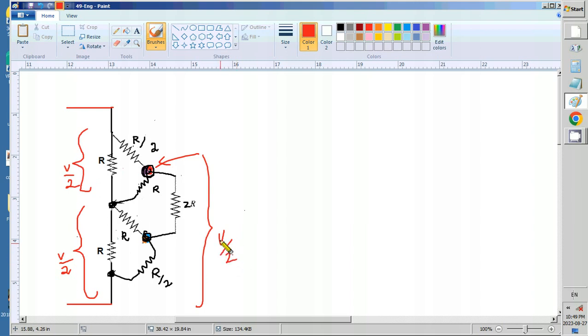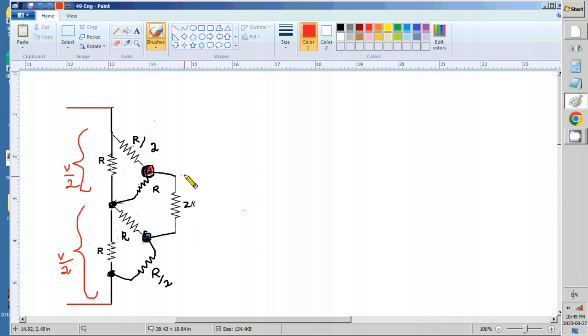You can't think like that, because this distance is 2R and a half, 2.5R, that is longer. Go to the story of that mountain: this distance is longer, this distance is very short, R divided by 2. So we can't say half V, half V.